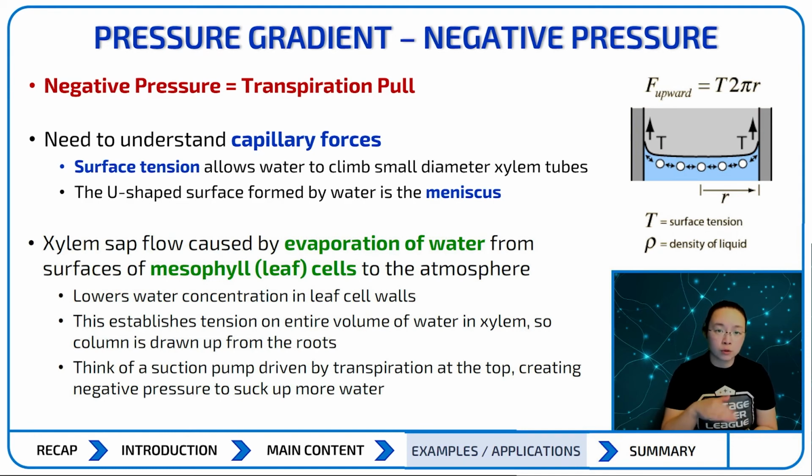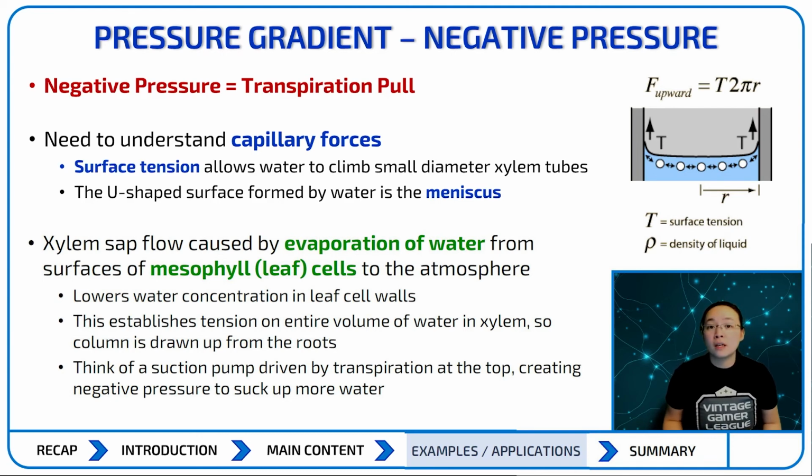There's going to be surface tension, of course, which allows water to climb up the sides of your capillary tube. That U-shaped curve is called the meniscus. The surface tension is something that's going to allow water to climb a small diameter xylem tube, which is what most plants experience, because their xylem tubes are very, very small.